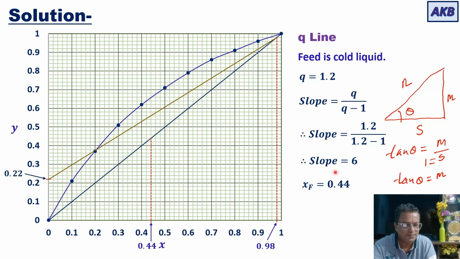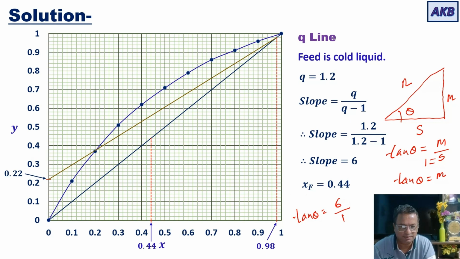Now here, slope, in this case, what will be the formula? Slope will be, I'm writing it like this. Slope is 6 upon 1. That means on the right side, I will be covering a distance equal to 1 unit on this graph. And then I will be covering a vertical distance equal to 6 units on this graph.